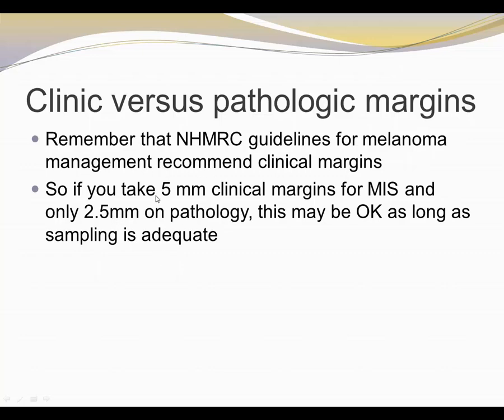So, for example, if you take 5 millimeter clinical margins for a melanoma in situ, but you only get 2.5 millimeter margins on pathology, this may be okay as long as the sampling is adequate, the sampling of the margins. So you could potentially ask for deeper levels or more sections of the tumor just to be sure that you've got good sampling, or you could even discuss it with the patient and see what the patient wants to do. So don't necessarily take wider excision if the pathological margins are narrower than the clinical margins.